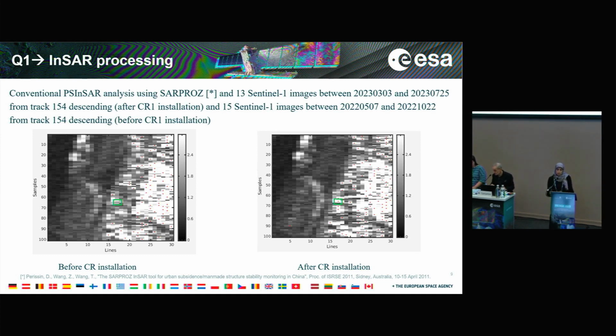As you can see, we've got selected PS points at the position of the corner reflector after installation, while we don't have any selected PS pixels in that area, I mean inside the green box. So it means that installing a corner reflector on a tower can help us to detect it as a PS pixel in the PS processing, and then monitor its stability.